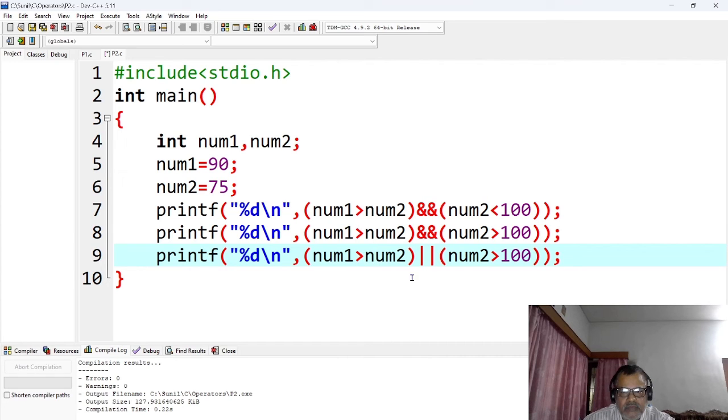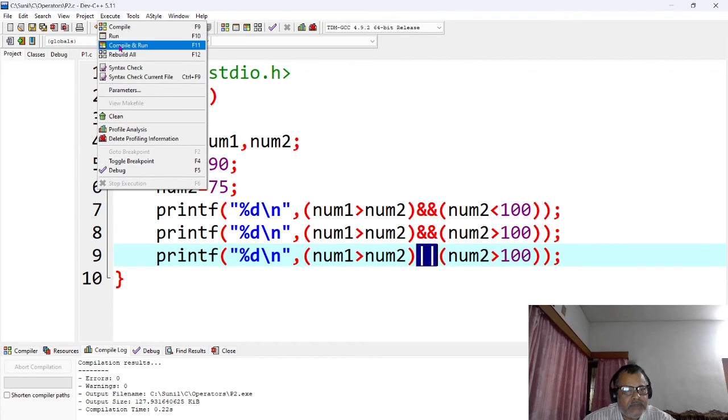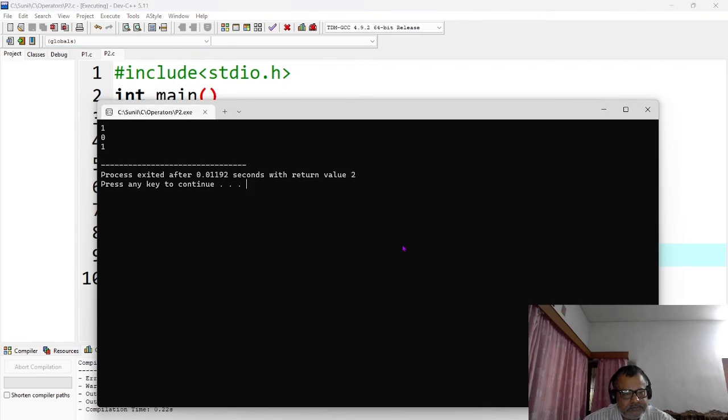It is true, but it is false. But because we are using this logical or operator, and it is the characteristic of the logical or operator that if any of the expressions is true, you will get true. True means 1. So please execute it. Okay, this is 1, 0 and 1.